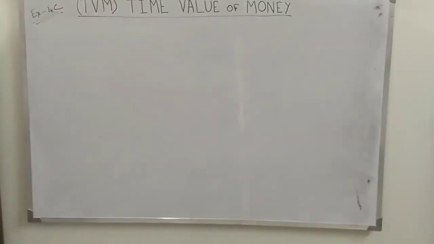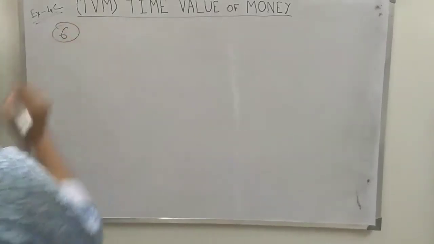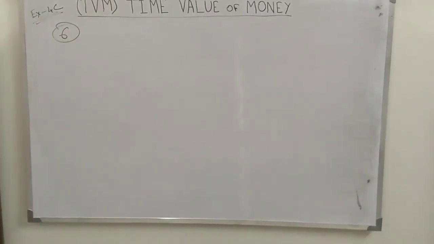Now question number 6. In question number 6 it is said, if the amount of an annuity after 25 years at 5% compound interest is rupees 50,000.